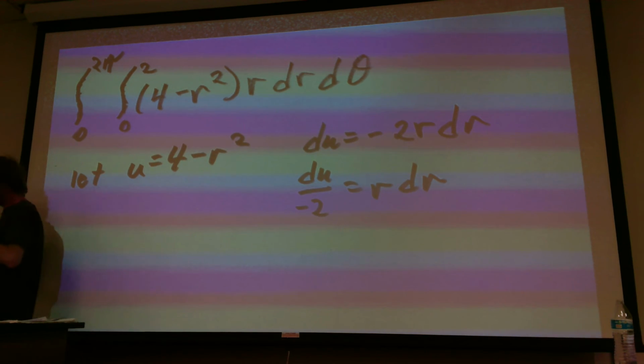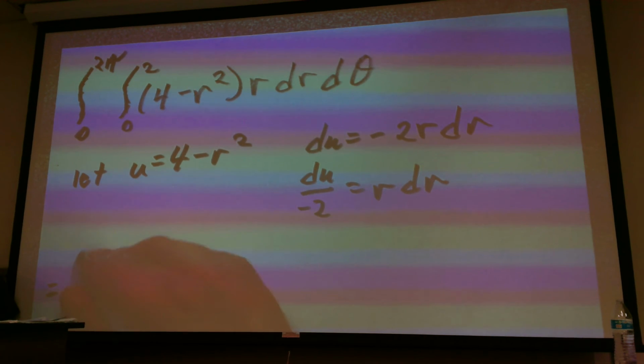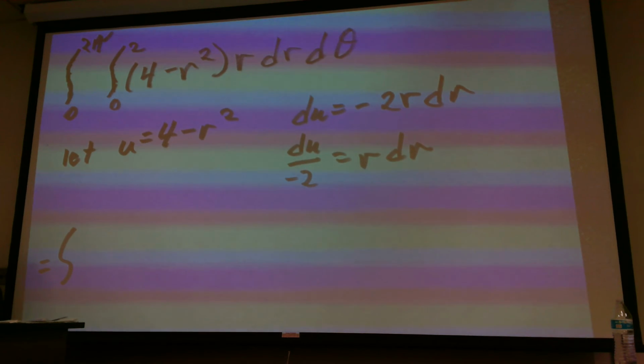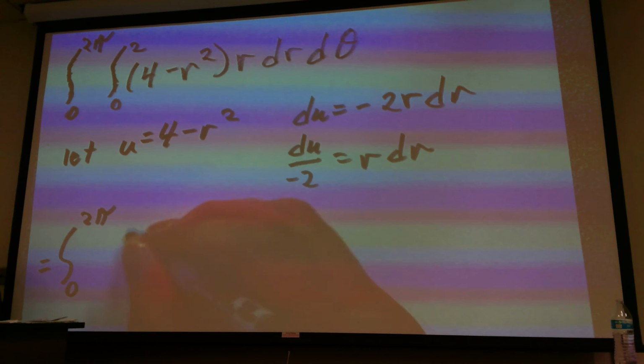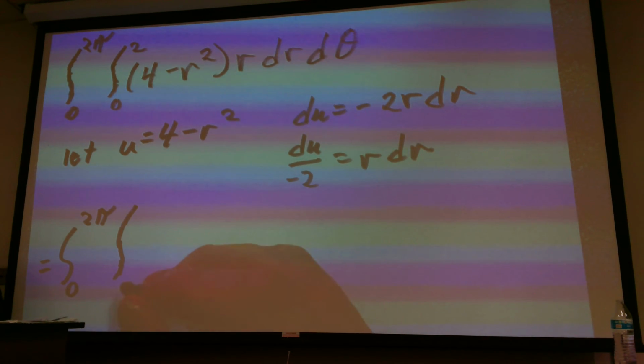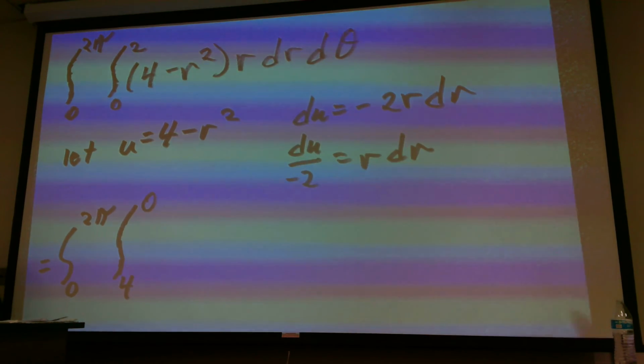So this thing becomes the integral now from 0 to 2 pi, and the integral, all right, so 0 plugged in is 4, 2 plugged in is 0.